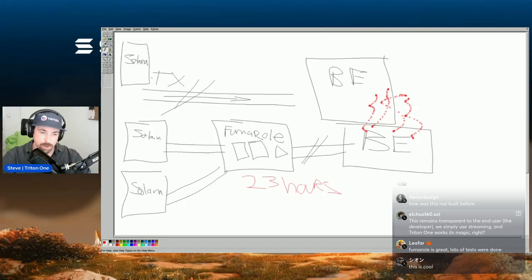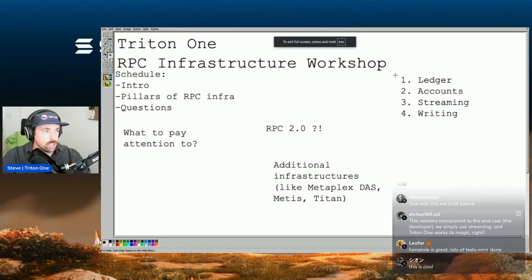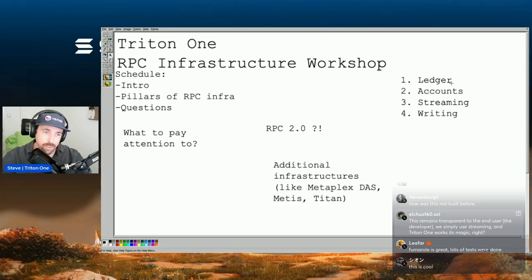So yeah, let's go back to the 4 pillars and see where this fits in. So we spoke about Ledger, the entire history of Solana, and why it's important to have that, because without it, everyone can say anything and say, "Oh yeah, I've got 1 million USDC," and then, well, where did that come from?